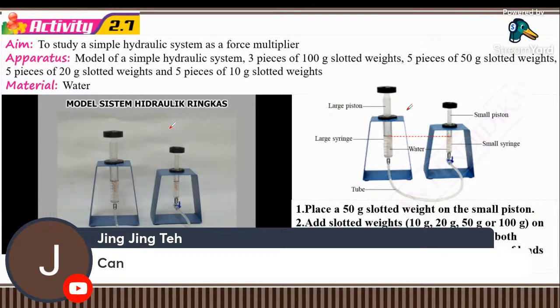There are two syringes, large piston and small piston, connected using a tube. You can look at the video in bahasa Melayu. Look at here.